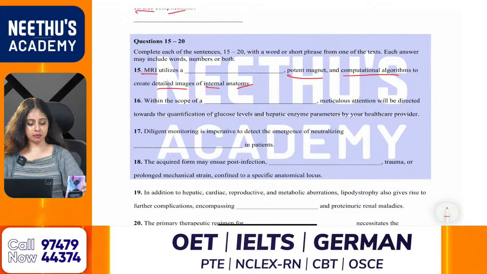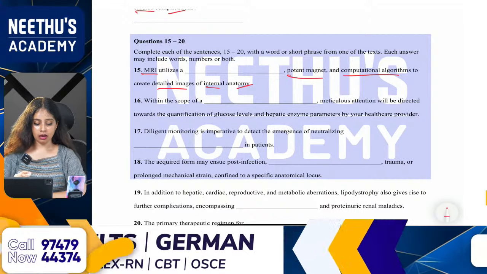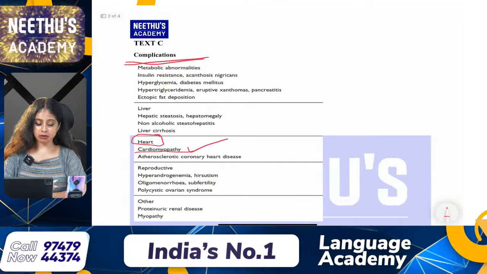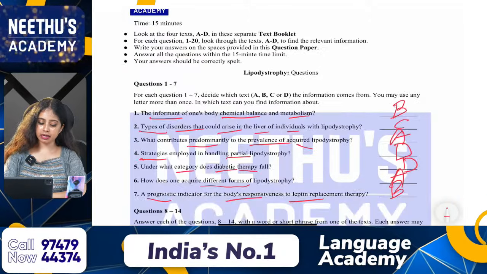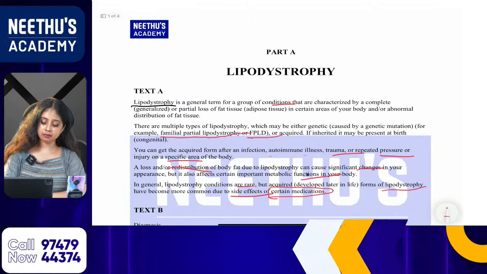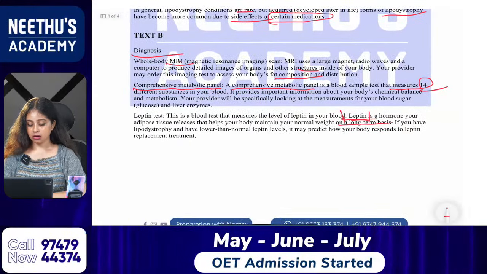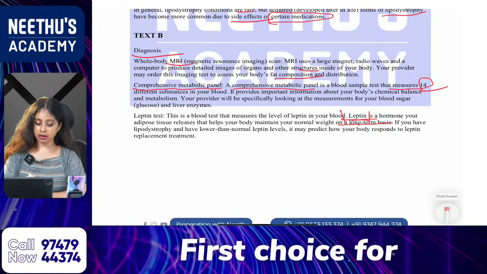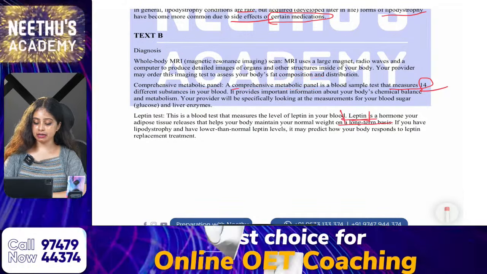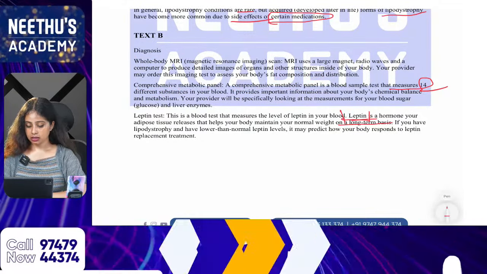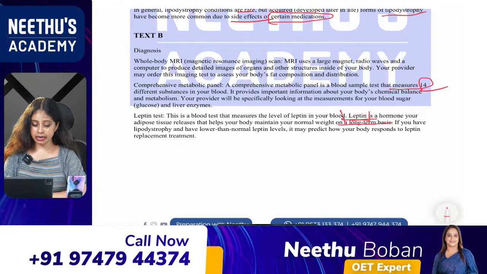Okay, Kavita, what is the answer? Question number 15. It is mentioned in text B, very good. Answer is from text B, I agree. It is mentioned directly in the first paragraph itself, right? So that answer is from the first line.